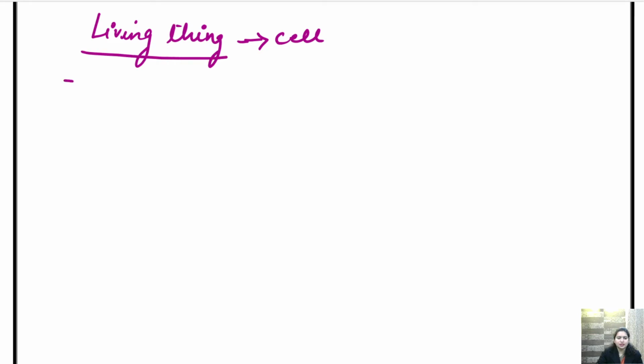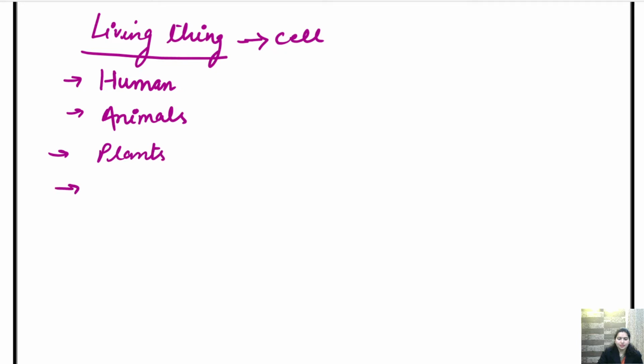Living things include humans, animals, plants, and microorganisms. Microorganisms are very small, so small that we cannot see them with our naked eyes. We require a microscope to see microorganisms.